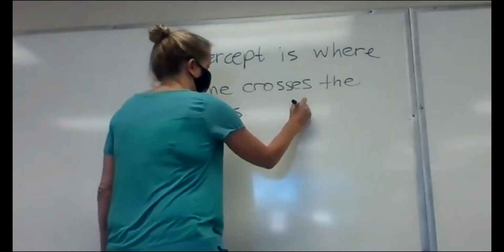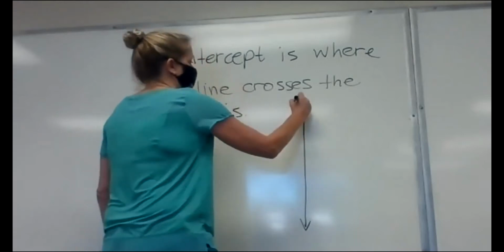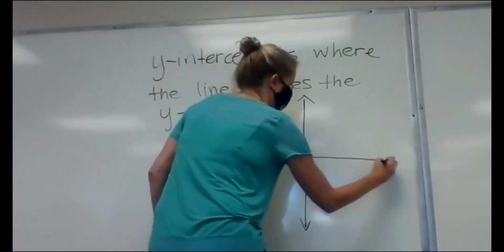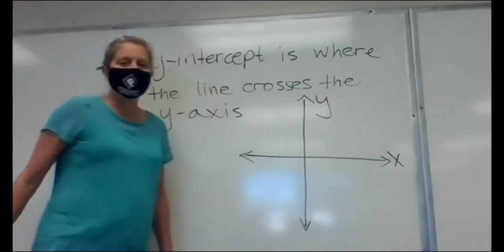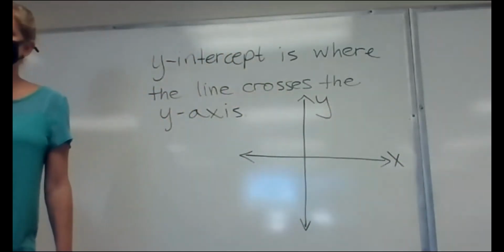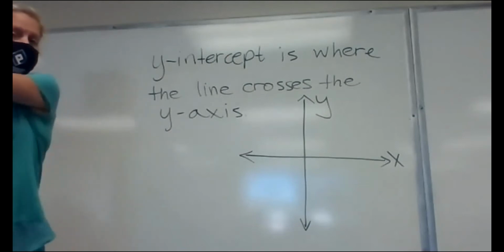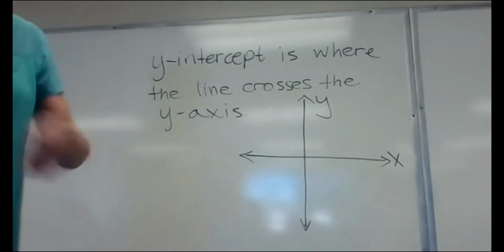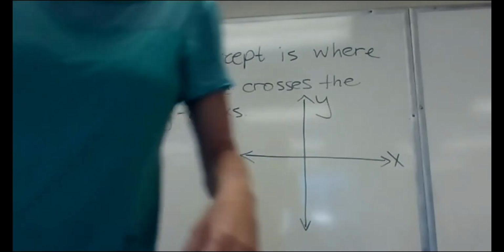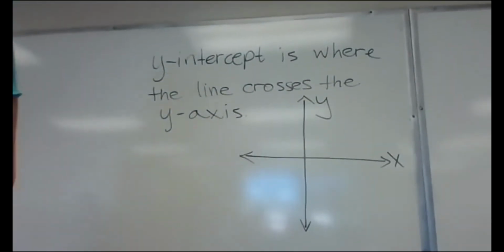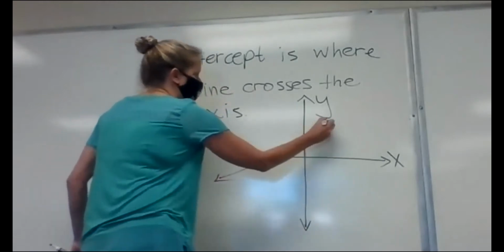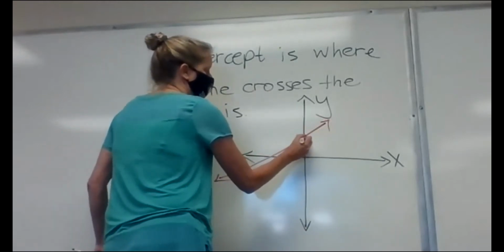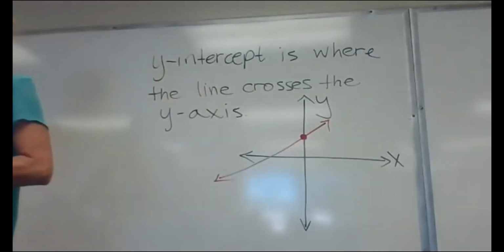So remember, on a graph, you have 2 axes, an x-axis and a y-axis. The y-intercept is where your line crosses through the y-axis. So for instance, if my line looks like this, that point right there is its y-intercept. That's where it crosses through the y-axis.